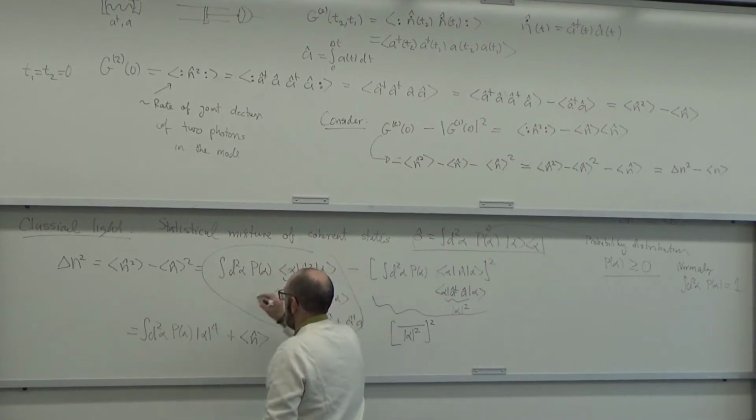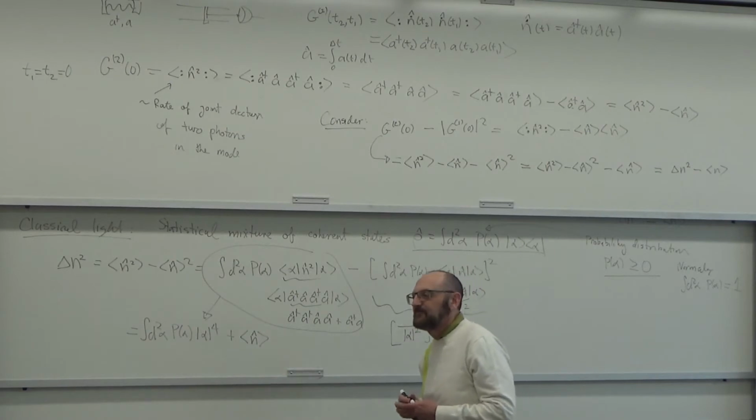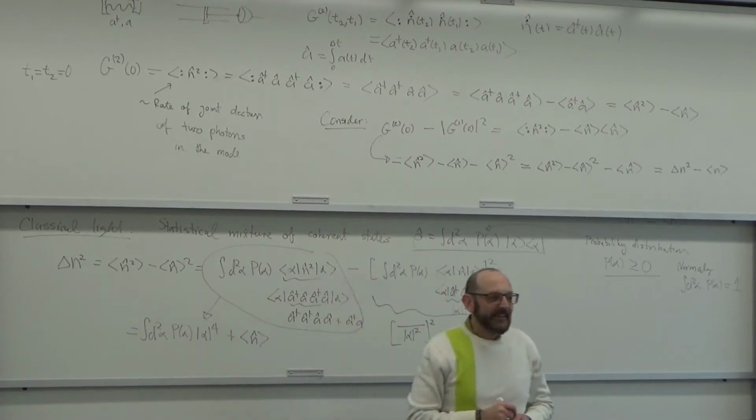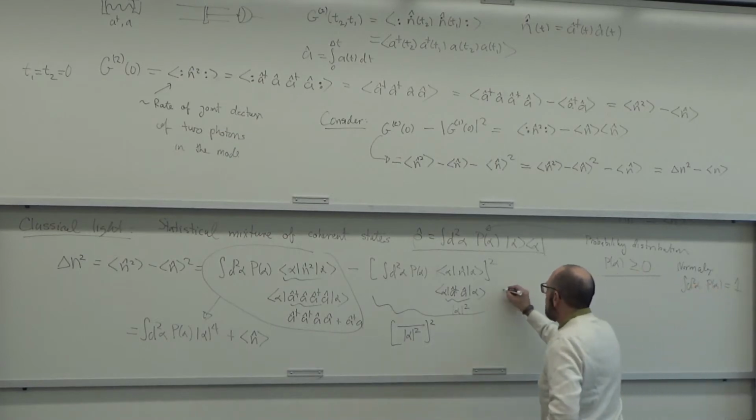Is that not just alpha squared? It is, but I'm going to leave it as that because I feel like it. So, putting this all together, what I see is the following.